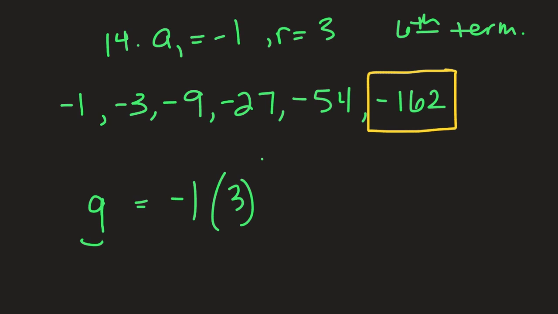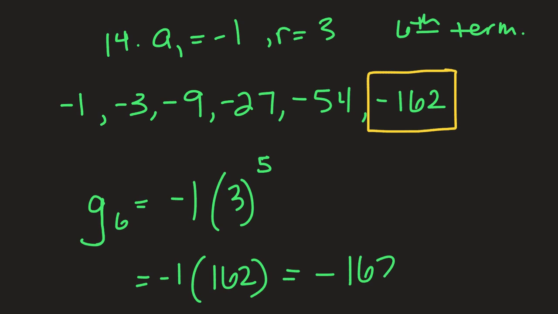So this is going to be g sub 6, which means our power is going to be 5. Negative 1 times 3 to the 5th power. I'm sure you can probably guess 3 to the 5th power is 243. And then you multiply that by negative 1 and you get negative 243. So this way we have a calculator, unless you know your 3's really well, your powers of 3.